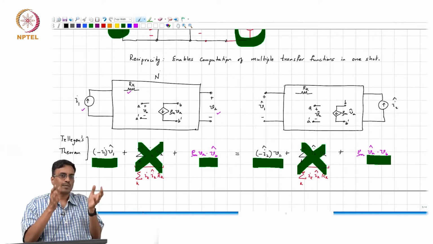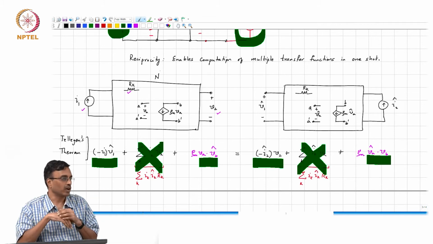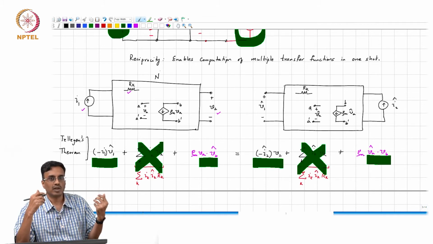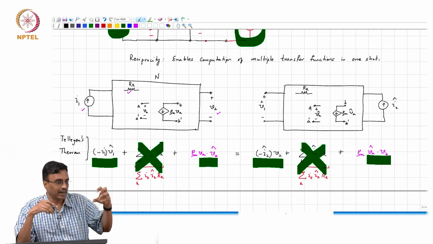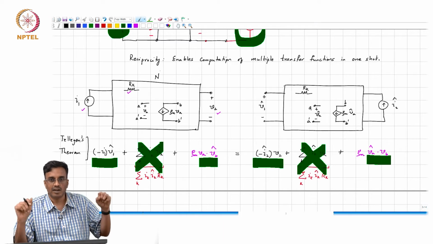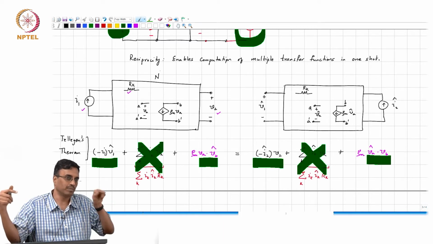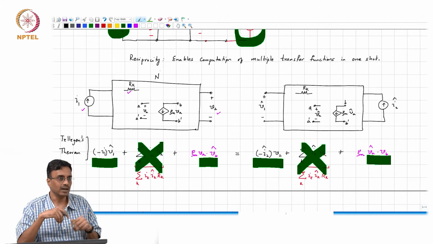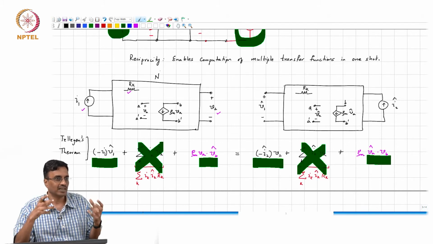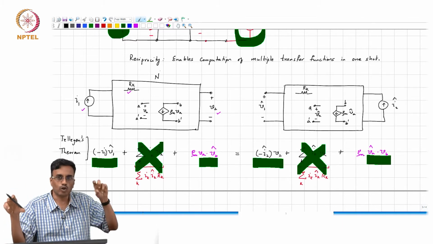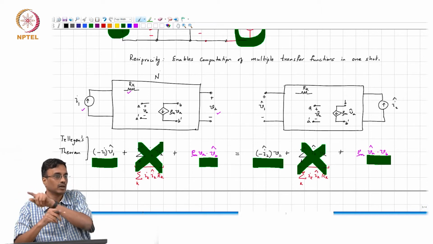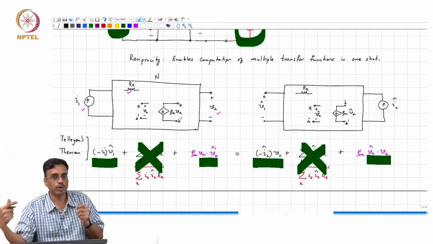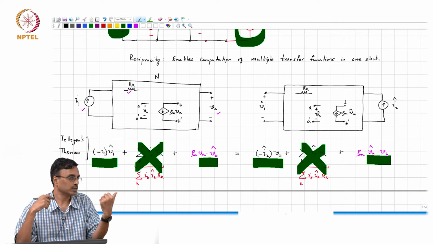Remember, what is reciprocity saying, in English, what does it mean? You have a network, you apply an excitation here, you get some response, you apply the same excitation here, you get back the same response here, right? But if you have a controlled source, the job of the controlled source is to make sure that the output is controlled by the input, but it doesn't mean that you go and apply the same input at the output port and you get the response at the input port.